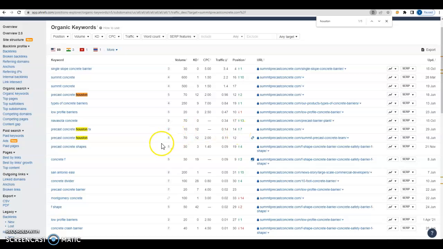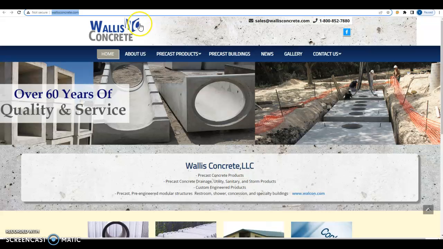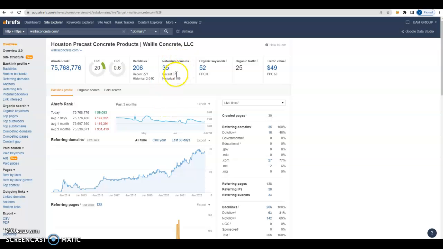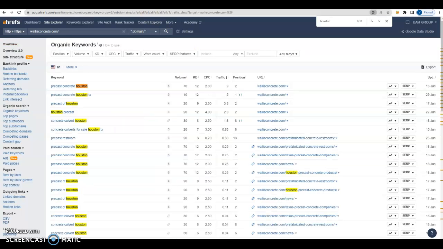Let's have a look at Wallis Concrete. These guys are being found for 52 organic keywords, and in here the last scroll was the 18th of June. They're in the second position, and because of that they were able to attract 9 visits to their website.